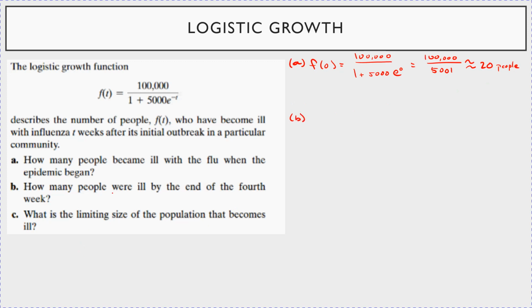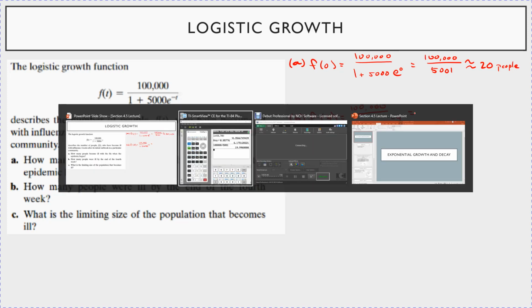All right, so how many people were ill by the end of the 4th week? Remember, t is the number of weeks. So f of 4 would tell me how many. So it would be 100,000 divided by 1 plus 5,000 e to the negative 4. Got to be careful with your calculator here.